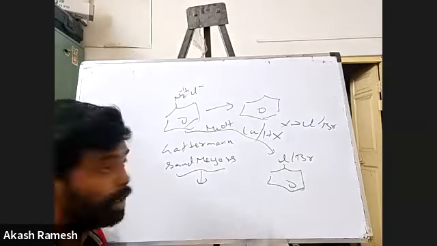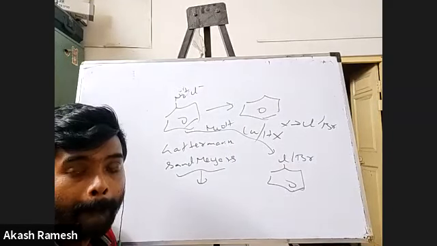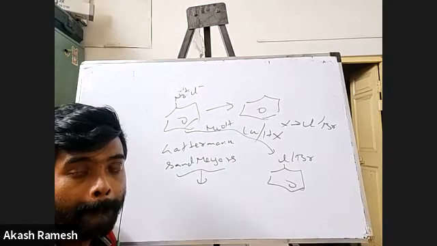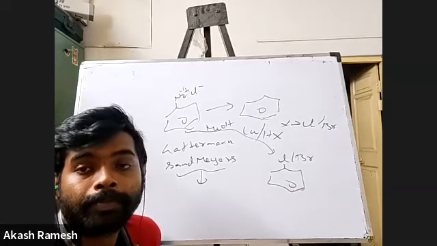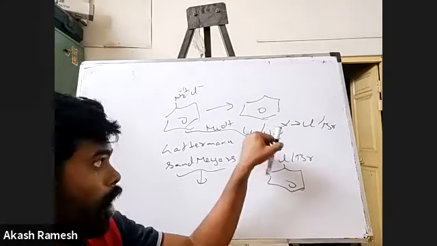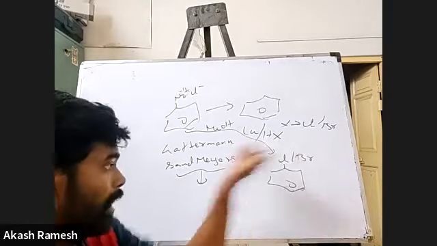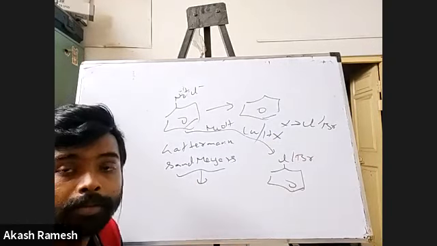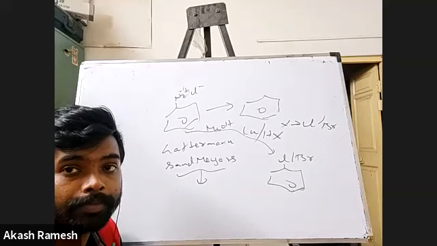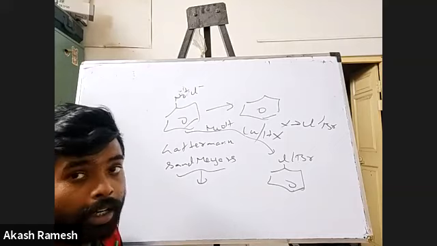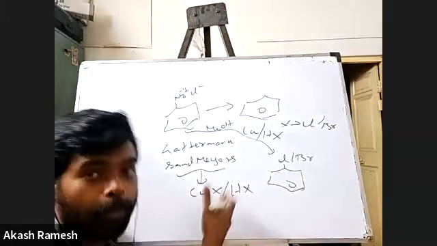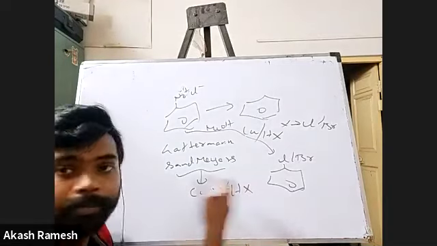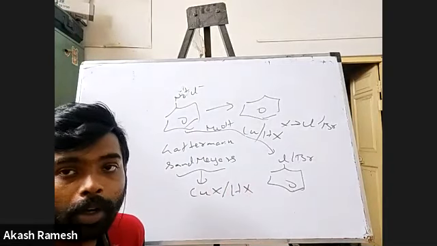Instead of Cu/HCl or Cu/HBr, in Sandmeyer's you have to use CuX/HX, say CuBr/HBr or CuCl/HCl.